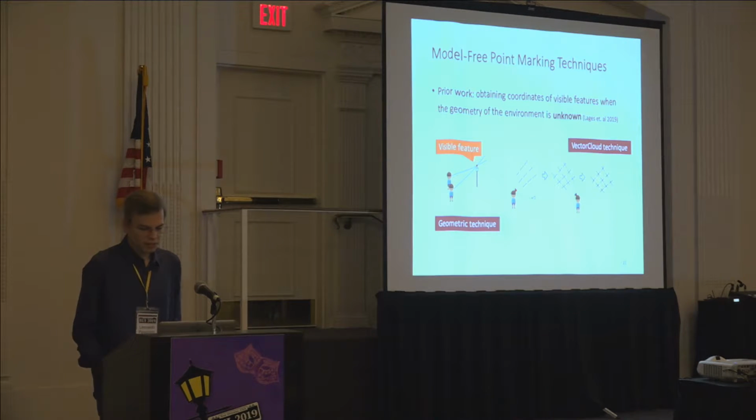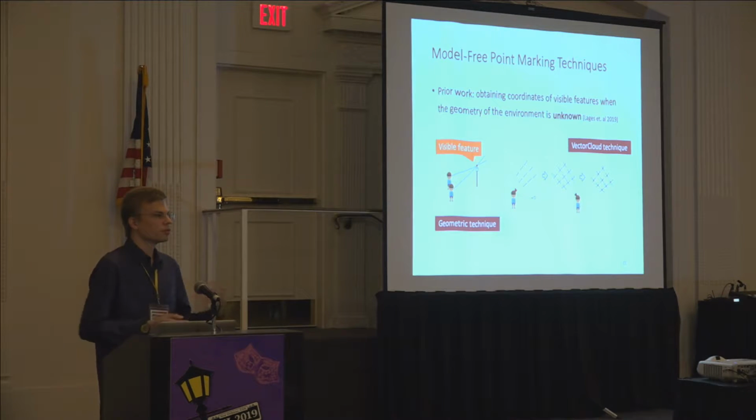In a prior work at Virginia Tech, we evaluated some of these techniques. Two of them are the geometric and vector cloud techniques. Basically, both of these techniques require the user to select a visual feature that they see in their field of view from two different perspectives. The user would mark a feature from one position, move to the second one, and mark it again.